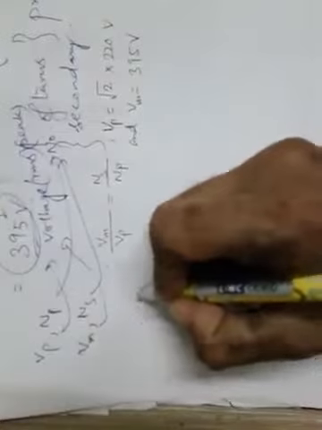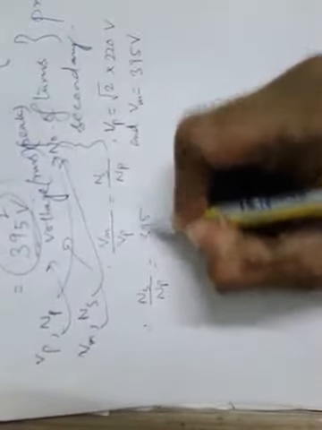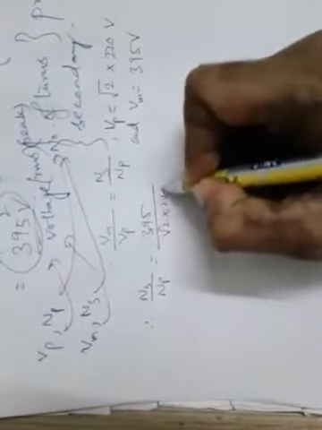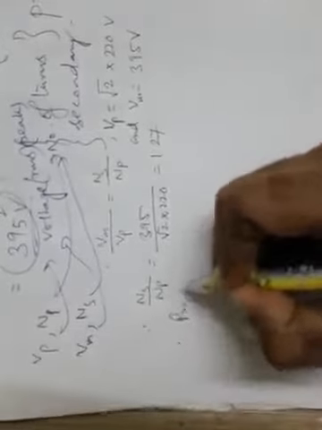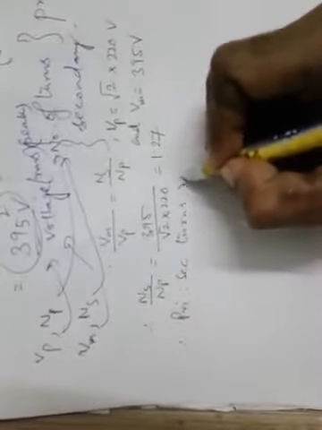So now if Vp and Vm are available to us, we can find Ns by Np, that is equal to 395 divided by root 2 into 220, which is 1.27. So the primary to secondary turns ratio will be 1:1.27. So this is our answer.